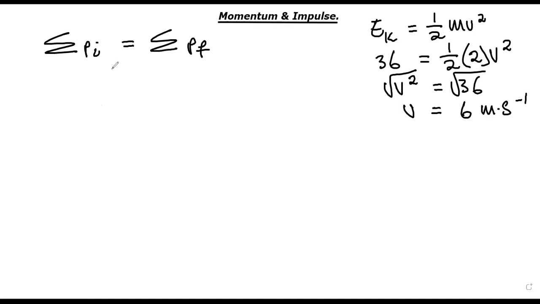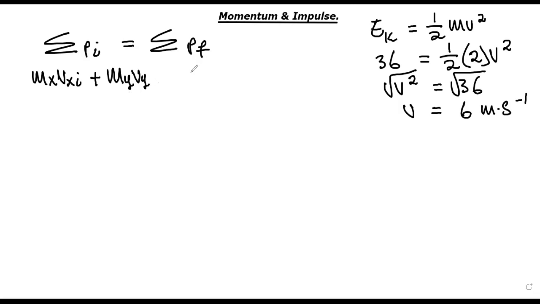If we look at object X, it's the mass of X times the initial velocity of X. Then we say plus. We take the mass of Y, we times it by the initial velocity of Y. So this one, we can leave it as Vy.